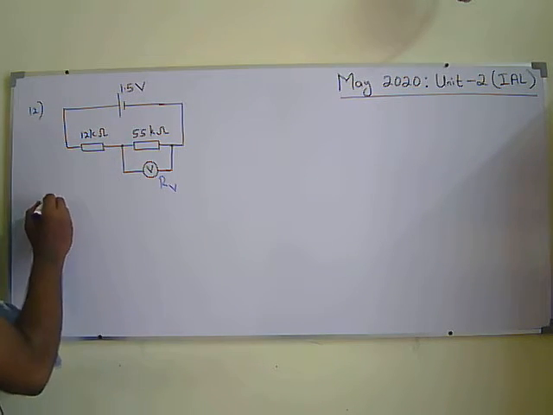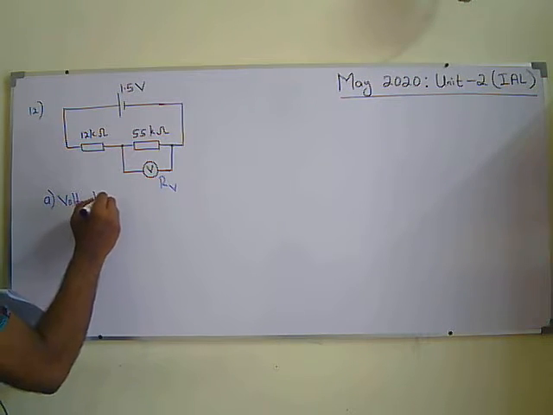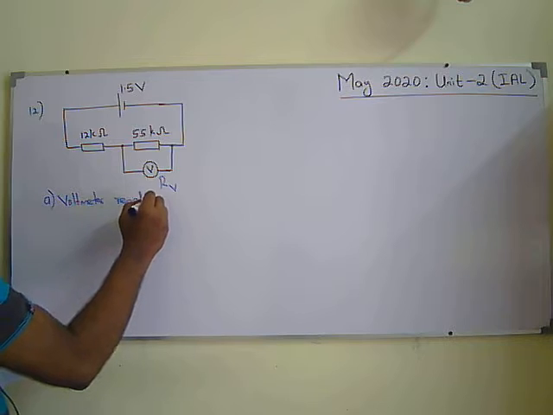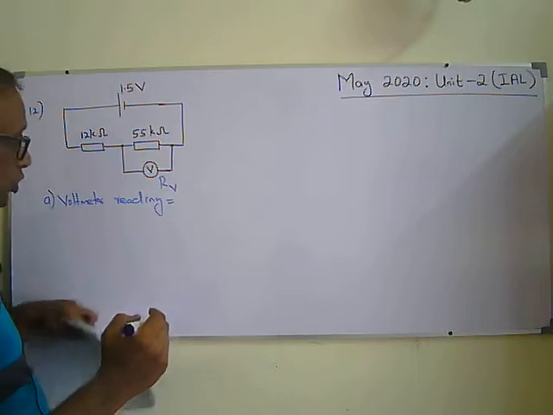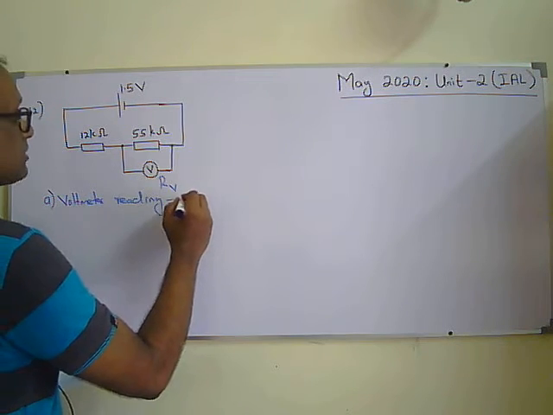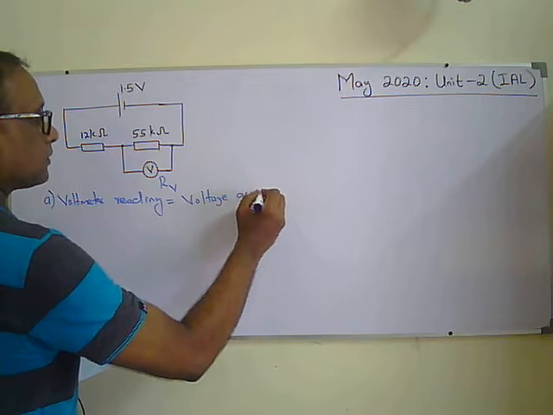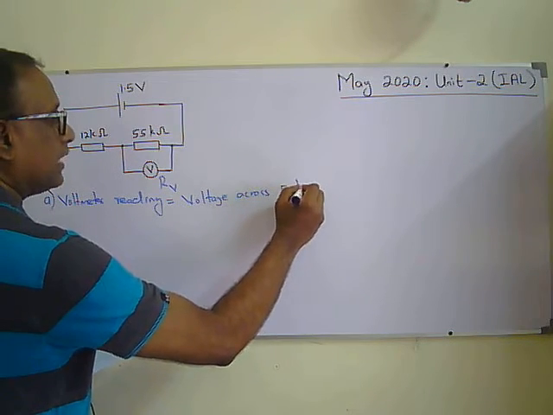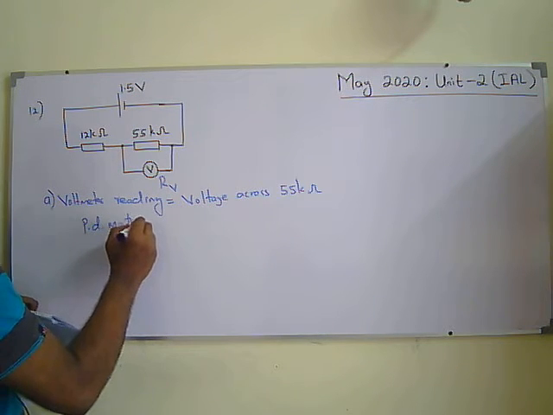So for part A, the voltmeter reading is going to be the voltage across 55 kilo ohms. So I'm going to use the potential divider method.